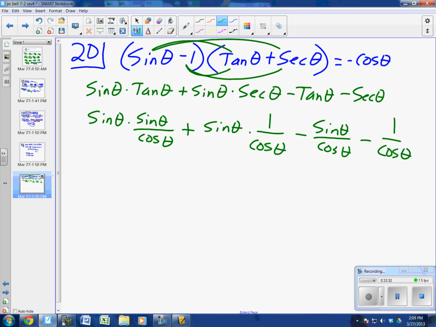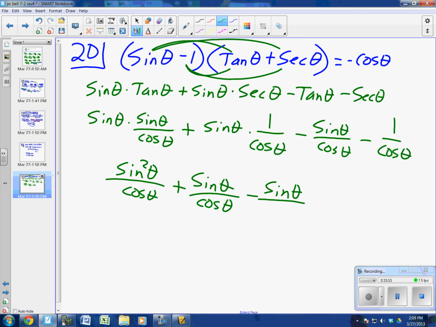Now, if you notice, if I simplify these, that's going to be sine squared of theta over cosine. Sine times 1 is sine, so this is going to be sine over cosine, minus sine over cosine, and that's going to be minus 1 over cosine.